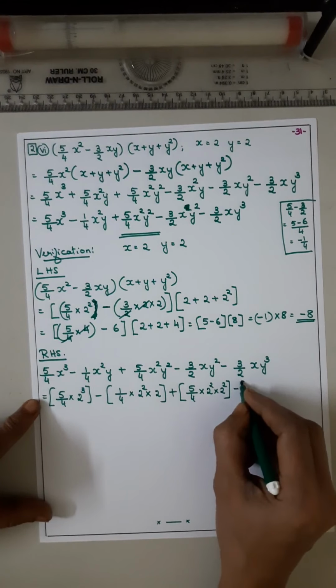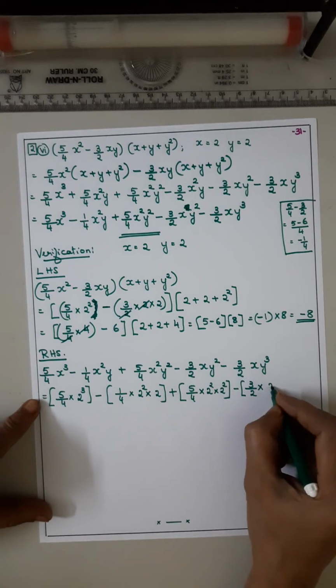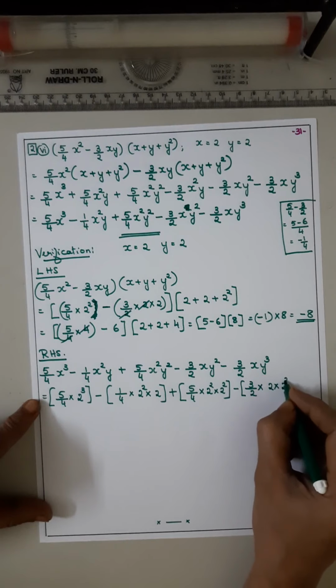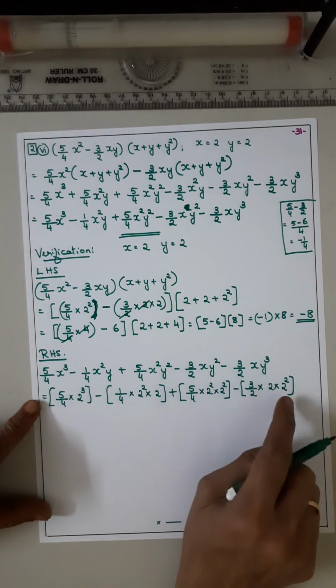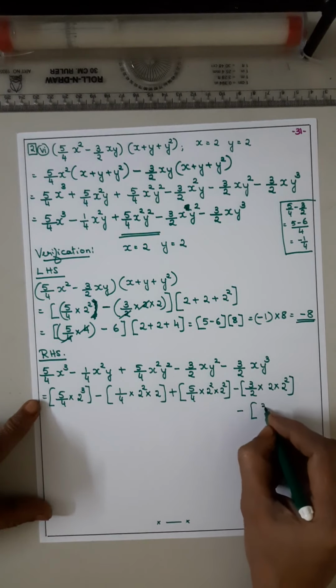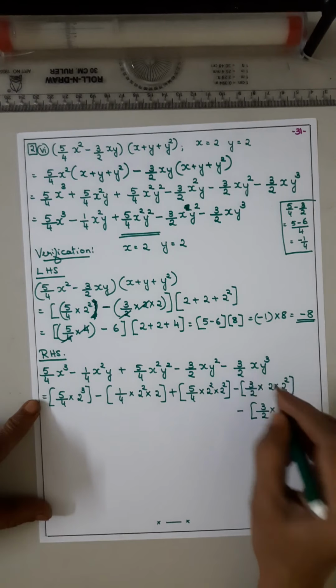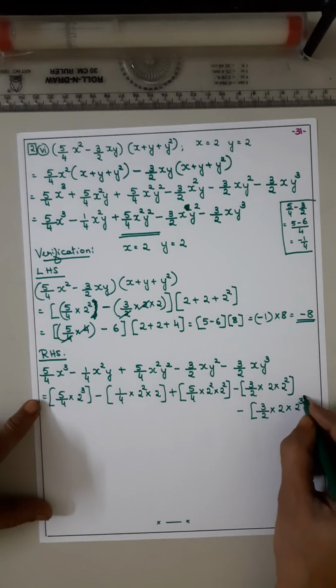Now minus 3 by 2 into x is 2, y squared is 2 squared. Are we understanding? Now the last one, 3 by 2 into x is 2 and y cube, that is 2 cube.